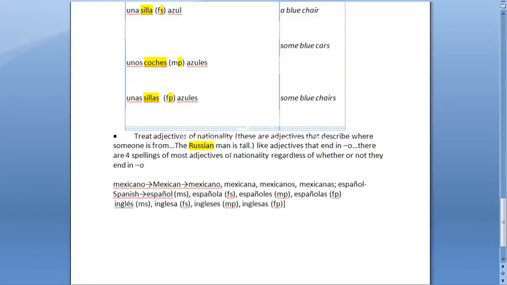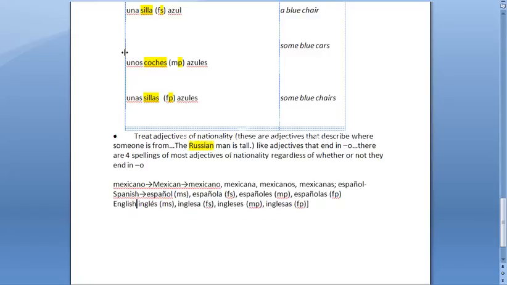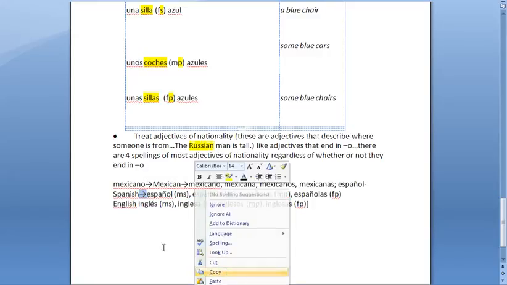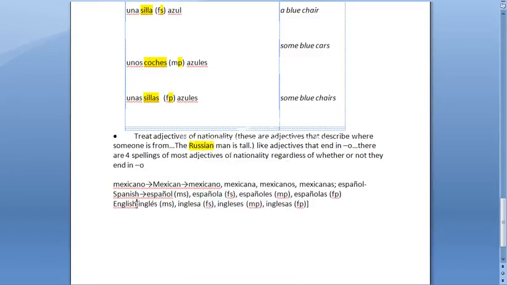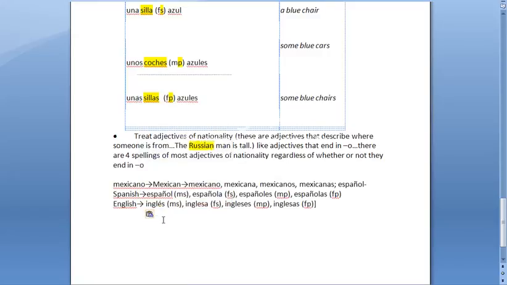Okay, I had gone through and was telling you that you're always going to have a masculine and a feminine form when it's an adjective of nationality, regardless of how that particular adjective is spelled.